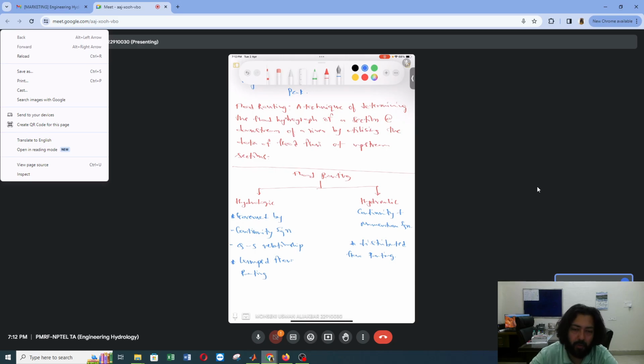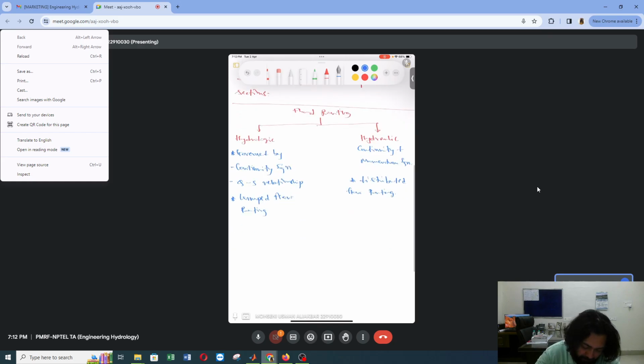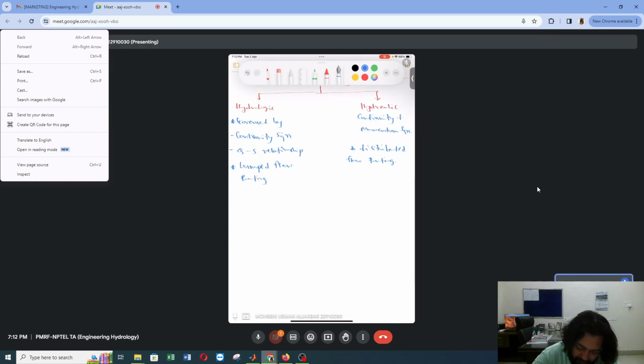That is, if we talk about precipitation data, then according to the lumped model, the precipitation won't vary in the catchment, whereas the distributed model considers the spatial variation in the data. So these are the two routing techniques that are available, that is hydrologic routing and hydraulic routing. So let us first focus on the first routing technique, that is hydrologic routing.